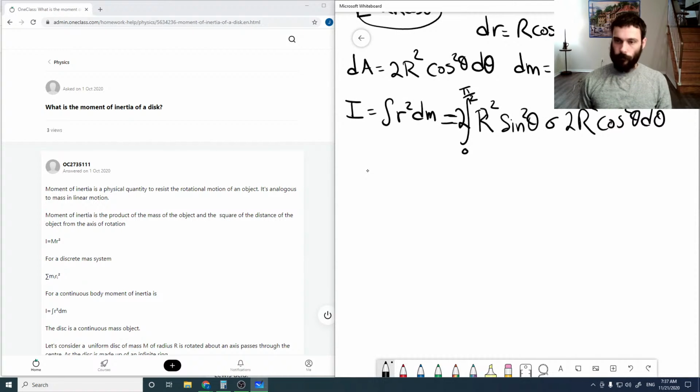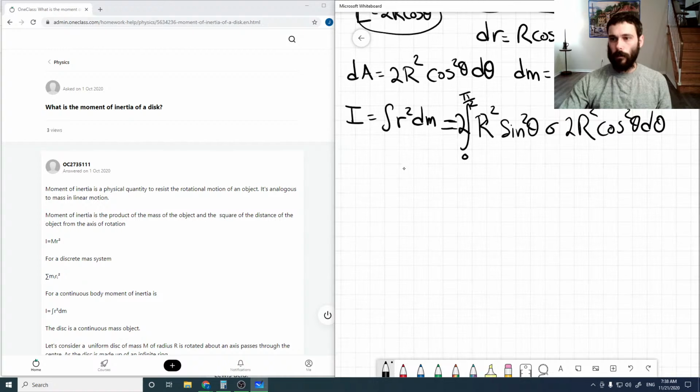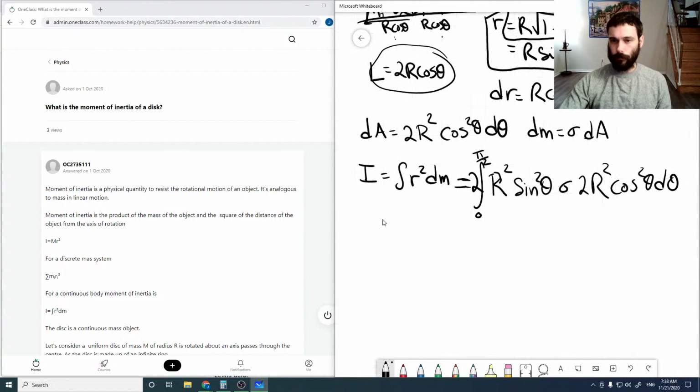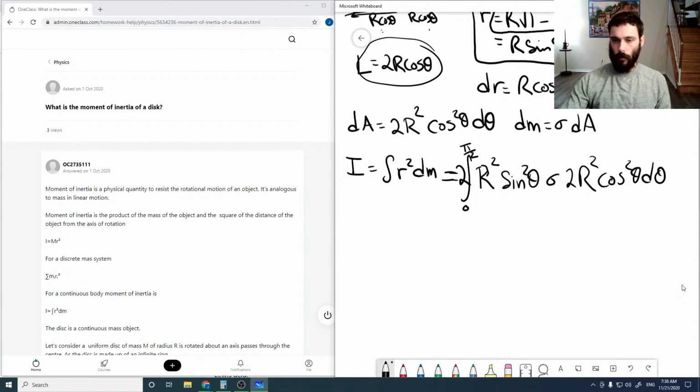And then continuing this forward. So I'm just going to clean up things a little bit. So pull the constants out of this expression. So there's a sigma, a 2, which I multiply by the other 2. So those 2's, the sigma, and then the R squareds can come out. So that's R to the fourth.